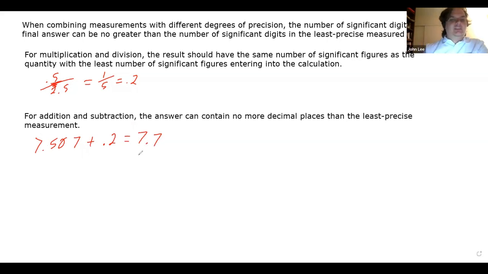You can't go to 7.705 or 7.707, or 0.20, because you don't have that much information. You have to go to the value of the less significant figure.